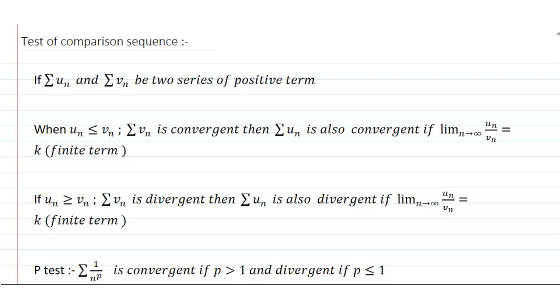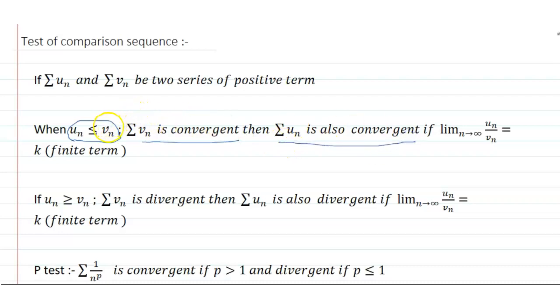Today's discussion is the comparison test of series. So friends, let's see what the comparison test is. If summation un and vn are two series of positive terms, when un is less than or equal to vn and vn is convergent, then un is also convergent.